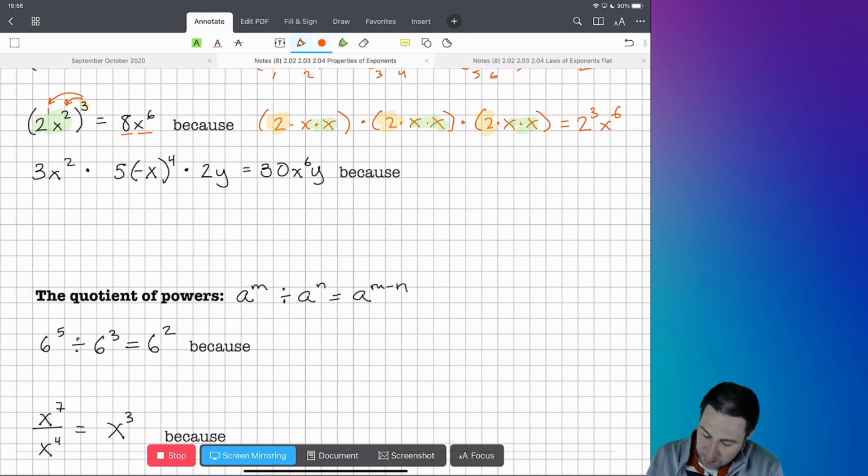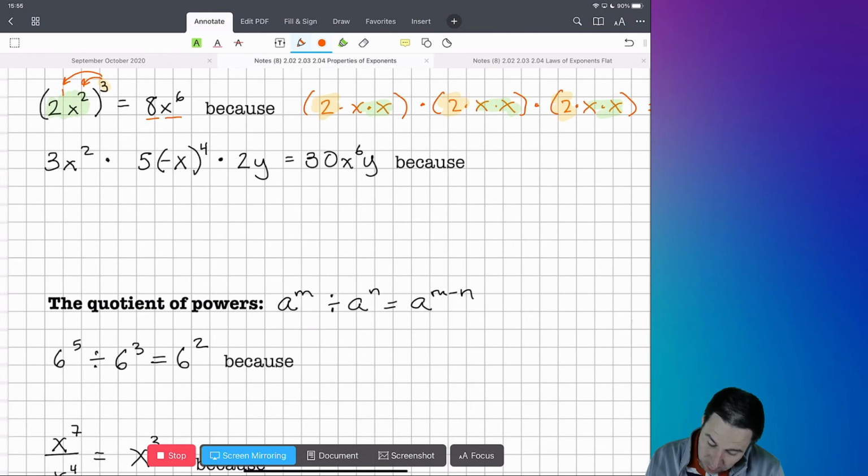Our final example looks a little more chaotic, but it's really no different. So the way I like to approach this is I follow the same pattern here. I like to just expand it out, and I do that for each term.